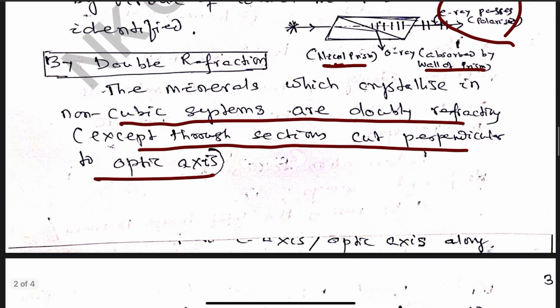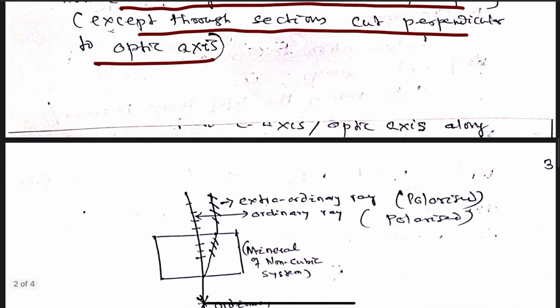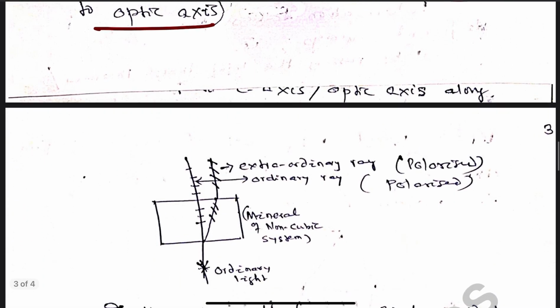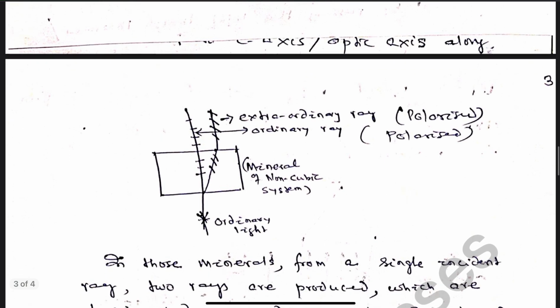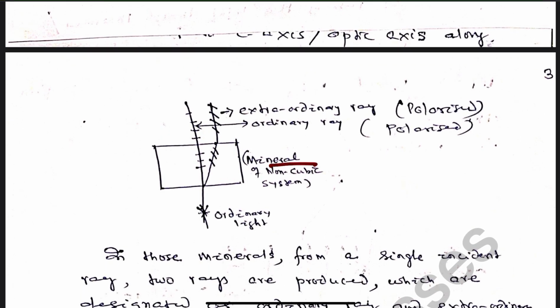So, I can just explain how it takes place. This is a mineral which is not belonging to the cubic system, a non-cubic system, and the light rays are not passing along the optic axis direction. Here the ordinary light, which is incident at the interface of the unstable substance, is being split into two rays.